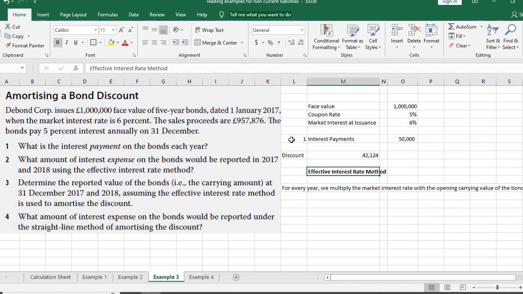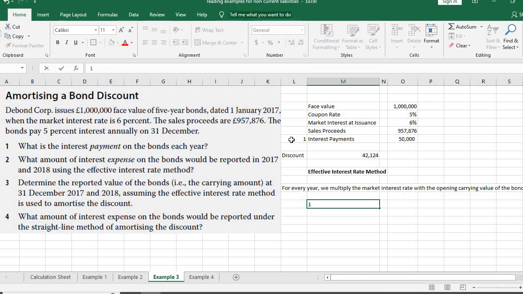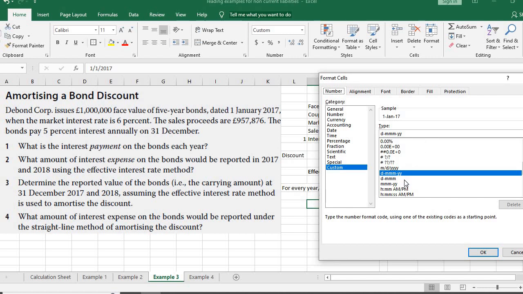So in this case, sales proceeds were 957,876. So on 1st of January 2017, let's try to format this a bit so it's easy to read.